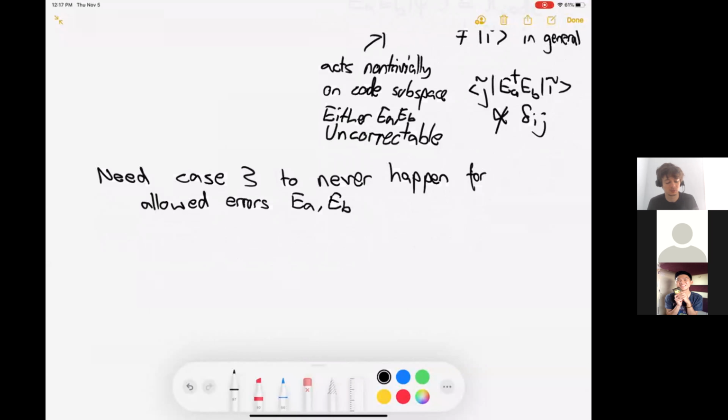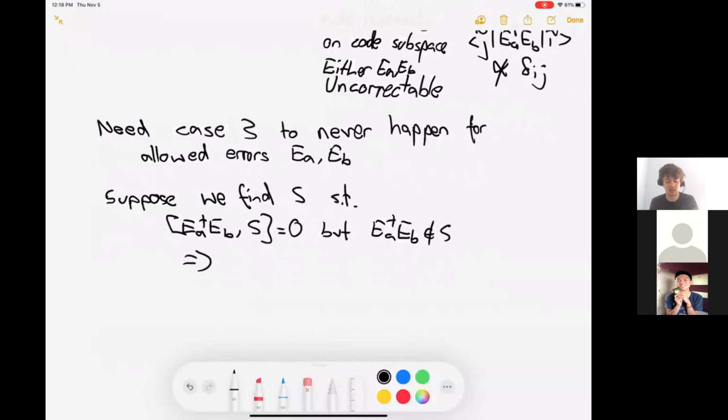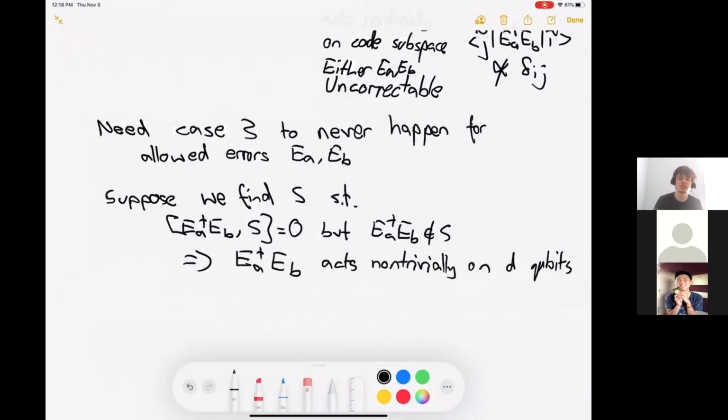So for example, suppose we find S such that the commutator of EA dagger EB with S being 0, but EA dagger EB not itself being in S. So suppose that whenever that happens, then it implies EA dagger EB acts non-trivially on at least D qubits for some D. Okay, so just say we found some S such that that's true.